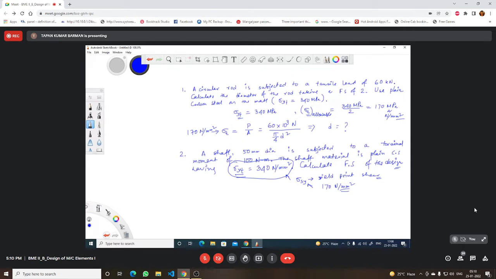So here, in place of sigma YT, we should replace it with sigma SY as 170 Newton per millimeter square. Now, if this information is available to you, I think you may calculate this. Is it possible to calculate the factor of safety? How is it possible?